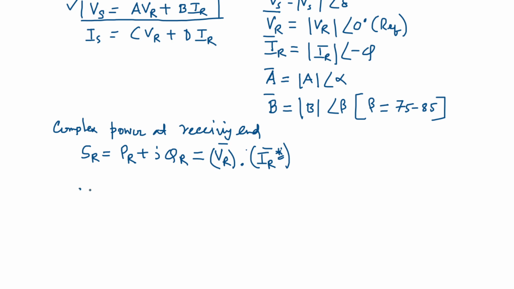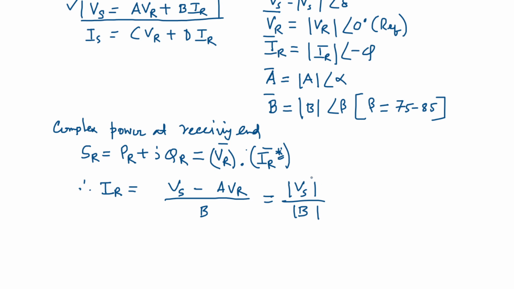So let me first evaluate what IR is. IR should be equal to Vs by B minus A by B times VR. Due to Vs by B, its magnitude is Vs by B, but Vs is contributing an angle of delta, B is contributing an angle of beta, so the net angle contribution should be delta minus beta.